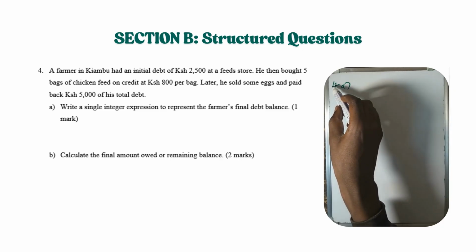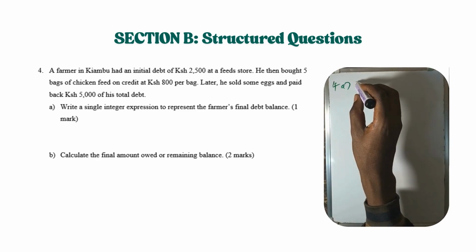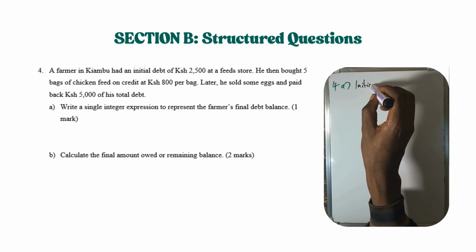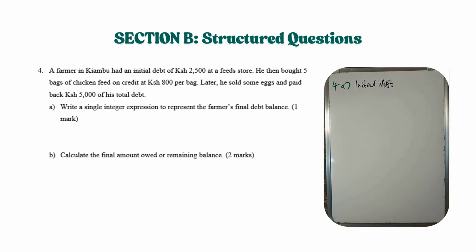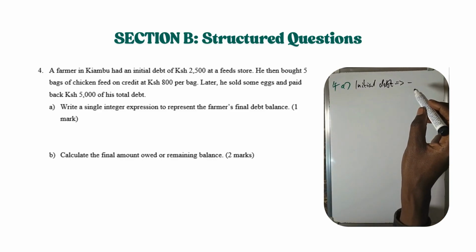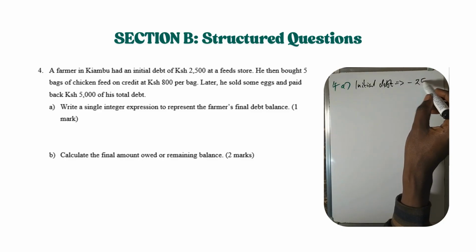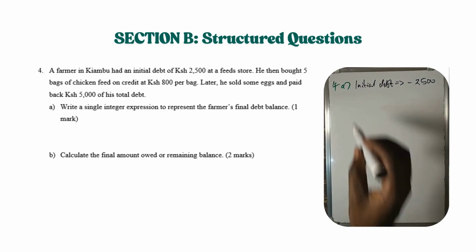Number 4, to write the expression: the initial debt is negative 2,500. Debt must be negative.